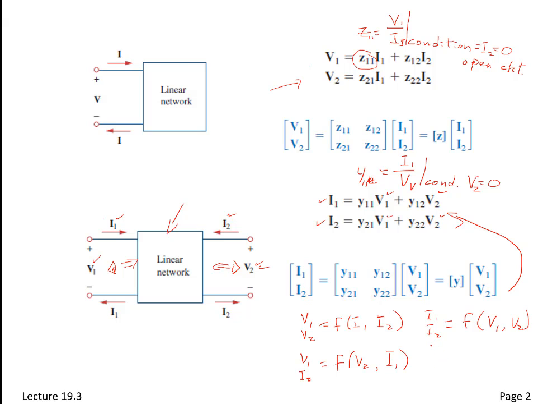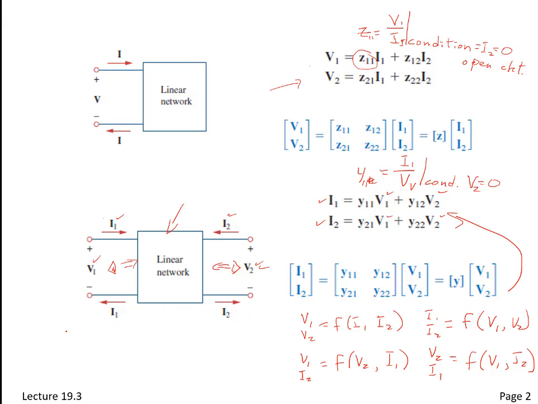And what other combination have I got? I've got V2 and I1 as a function of whatever's missing, V1 and I2. Okay? So you have four variables. You can permute the combinations any way you want.